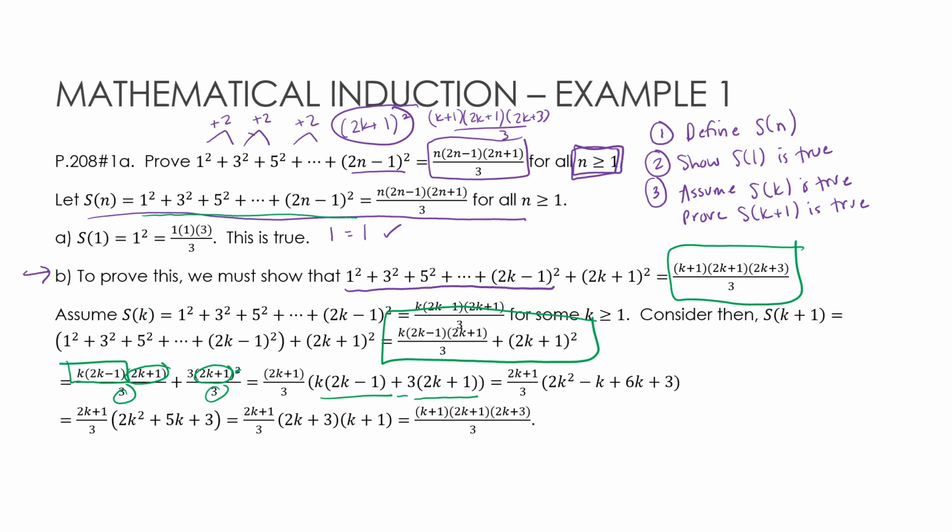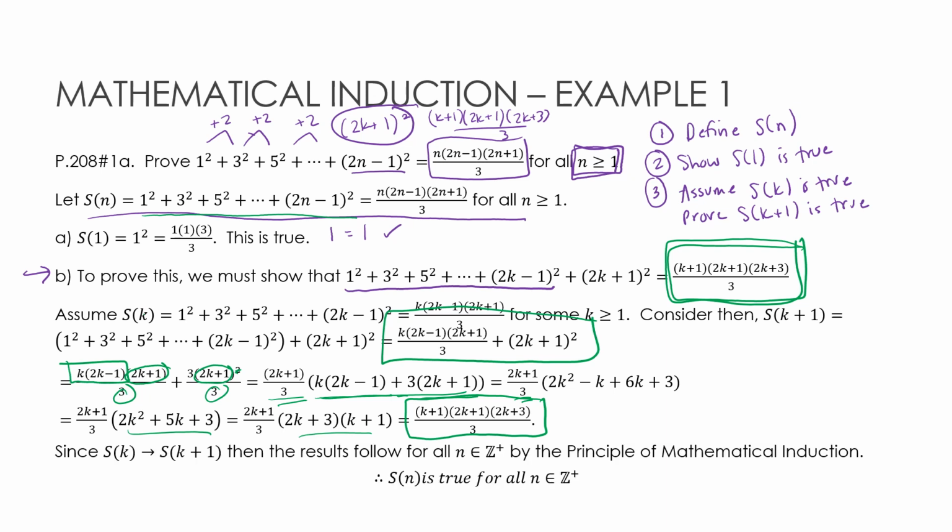Then I just multiplied that out, kept this on the outside, did the math in here, and then said, hey, look, I can write that all as a fraction. And look at what happened. I ended up with exactly what I said I wanted to end up with.